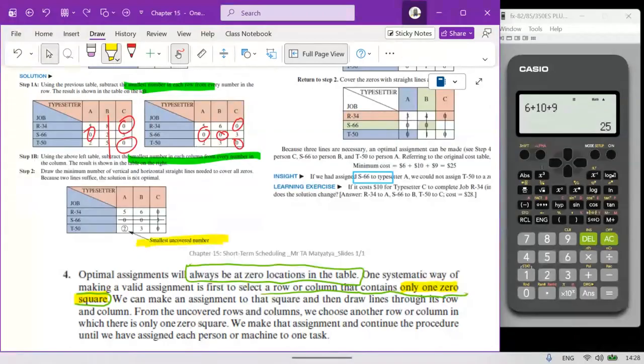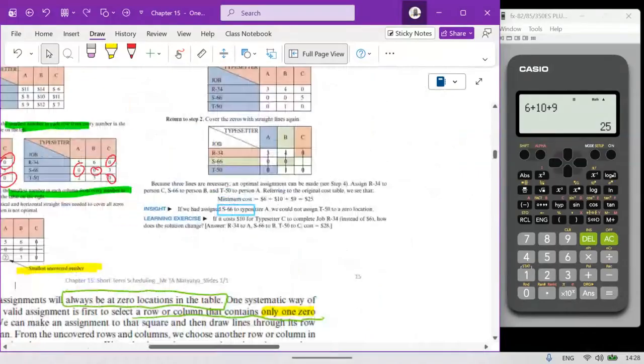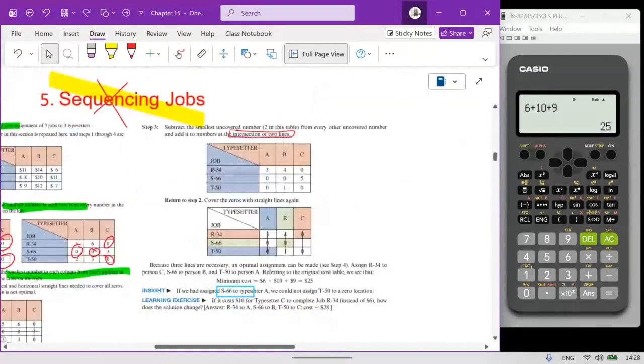Then we got, then we moved and we're able to get this solution here, whereby subtract the smallest uncovered number in the table from every number uncovered, right? And add only on the intersection one. So this one, that's why it became a 5. Then they substituted with 2, and now we end up getting this.